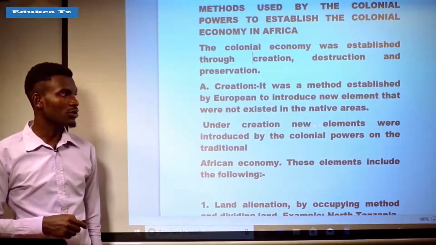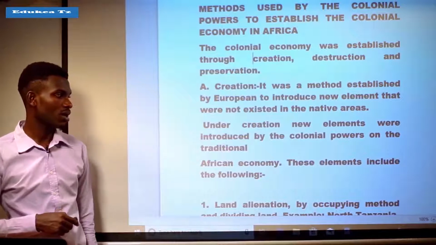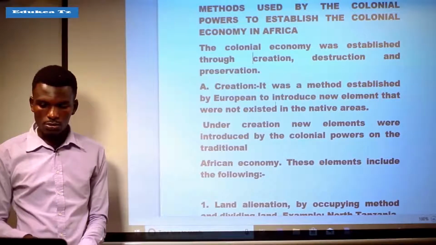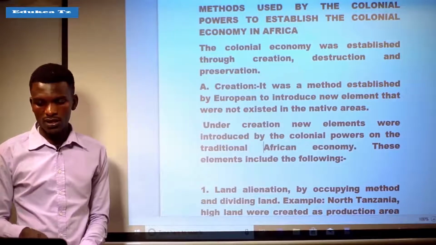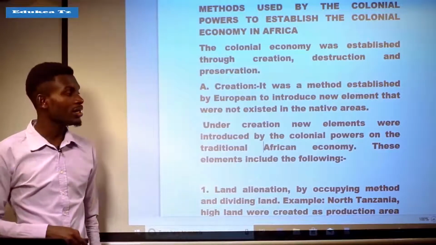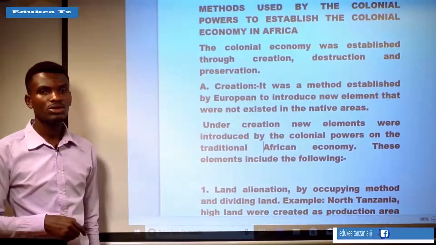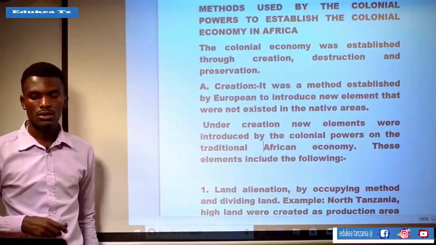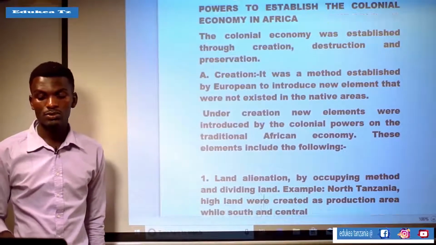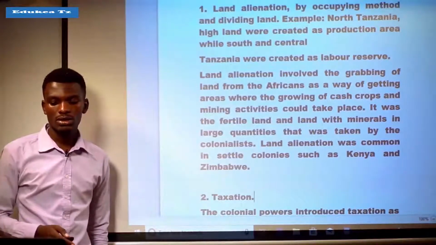Under the creation method, new elements were introduced by the colonial powers on the traditional African economy. These elements included the following.